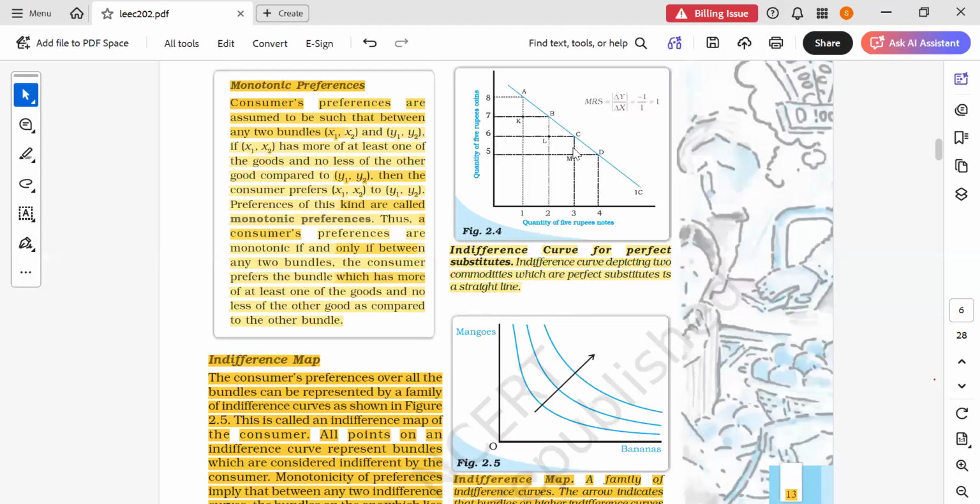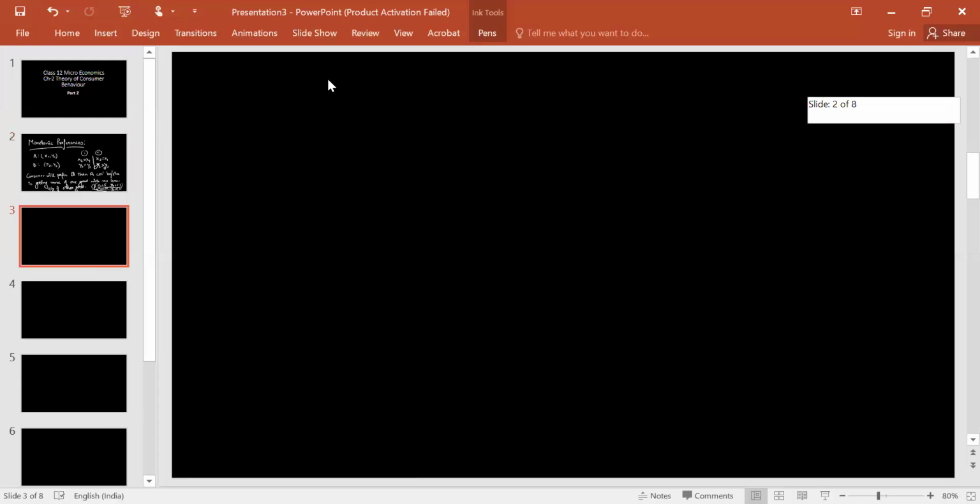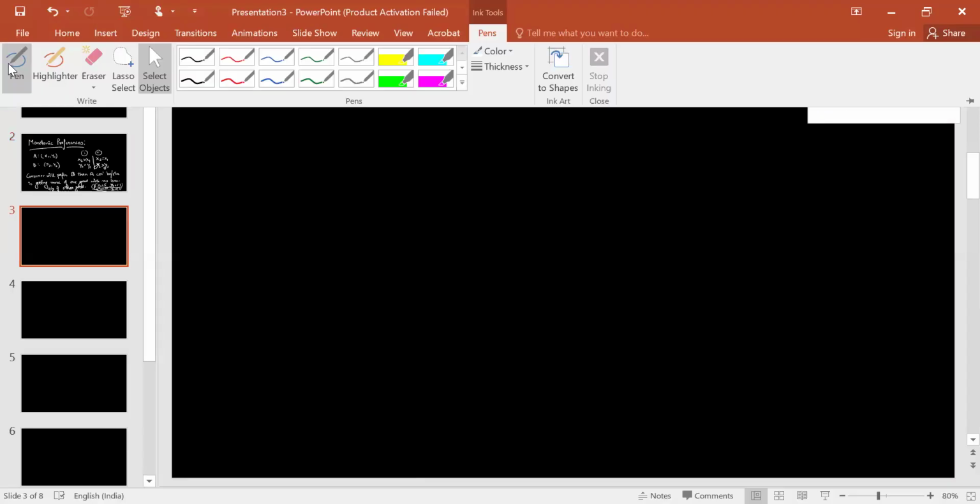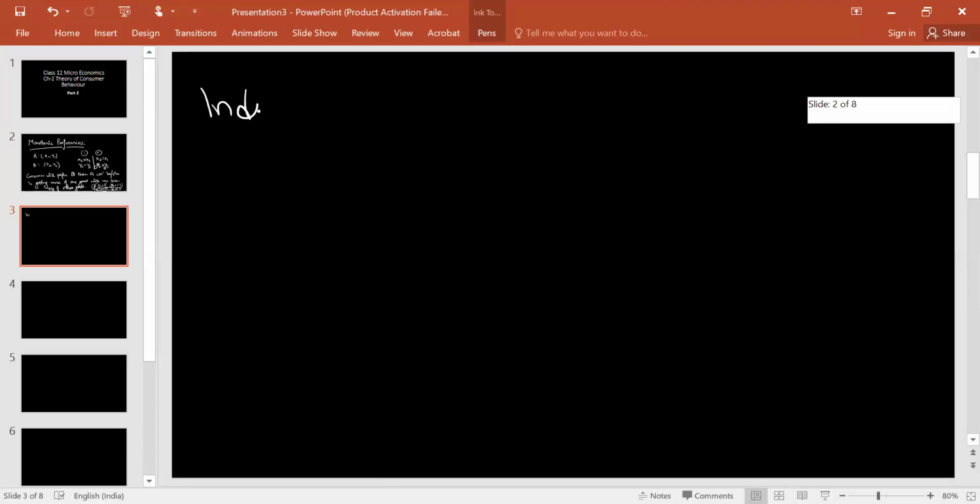Now comes another concept, which is the indifference map. This is also a very interesting topic, the indifference map.